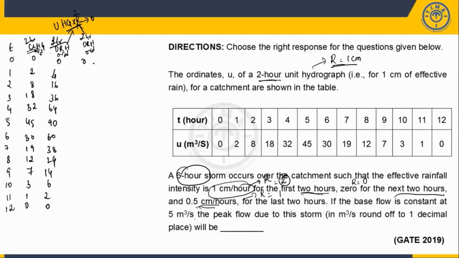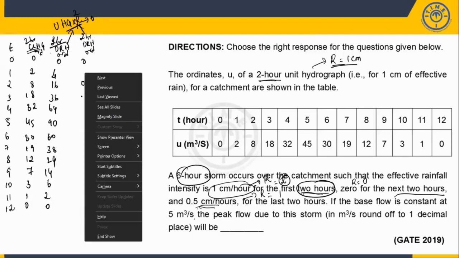We need to start it from 2. See, already it is 2 hours, so we are starting after 2 hours. It is the first 2 hours, so the second one starts from 2.